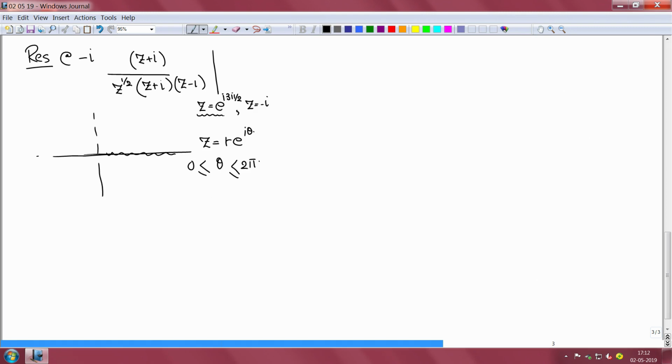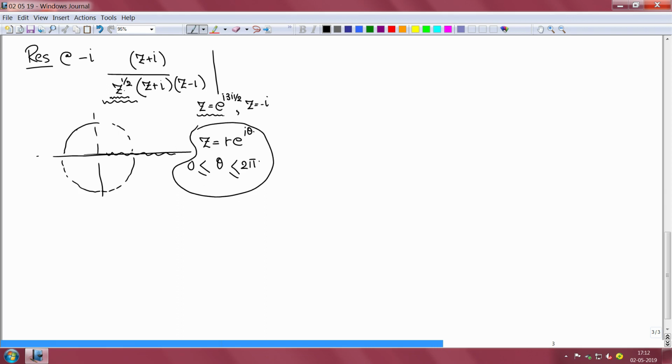So theta varies, it is 0 over here, it is pi by 2 over here, it is pi over here, it is 3 pi by 2 over here, and so forth. Now when evaluating the part of the function which has given us the branch cut, we have to respect this definition so that we don't go incorrect.